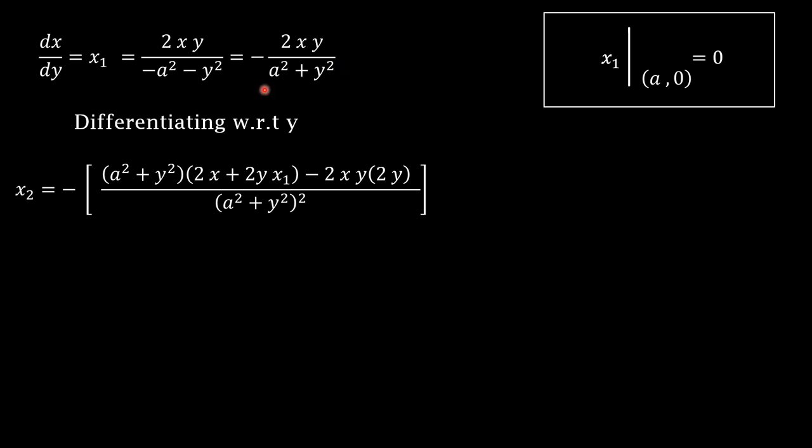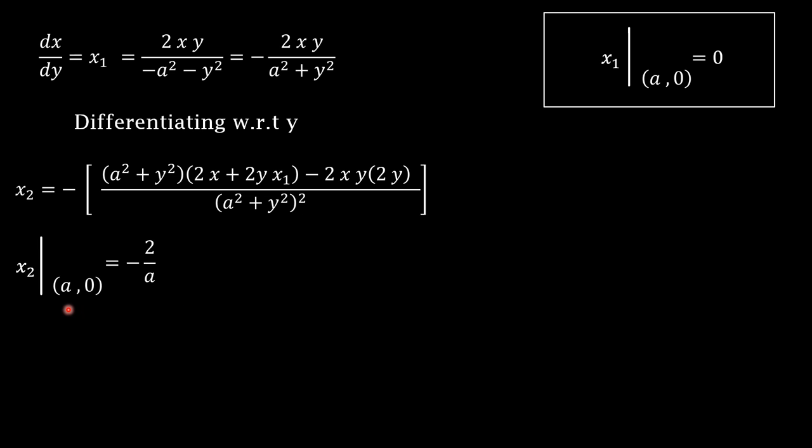What is the derivative of the denominator? Differentiation of a square, it's a constant, so its derivative is 0, and the differentiation of y square is 2y, divided by denominator square, that is nothing but (a square plus y square) whole square. Therefore, the value of x2, which is nothing but the double differentiation of x with respect to y, is minus 2 by a.